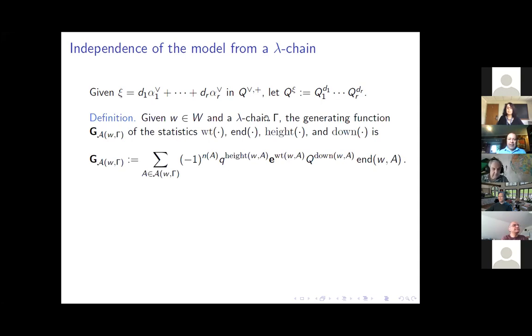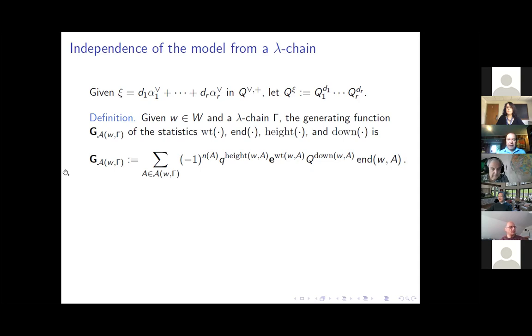So if I take a lambda chain and the quantum Bruhat model for that, so I take all the W-admissible subsets defined as before, I can define a generating function over this set of W-admissible subsets for the statistics weight and height and down.